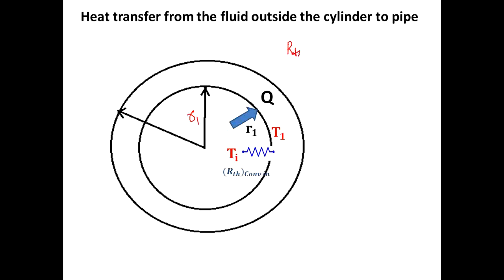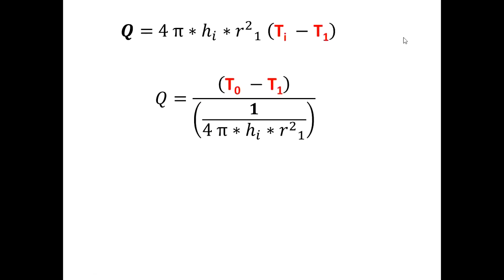Therefore, the thermal resistance R is equal to 1 divided by 4 pi R1 square Hi, keeping in mind the area of the sphere is 4 pi R square. This is the heat transfer. The convective heat transfer from the inside is 4 pi R1 square Hi.